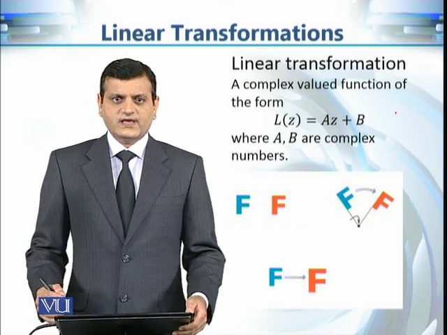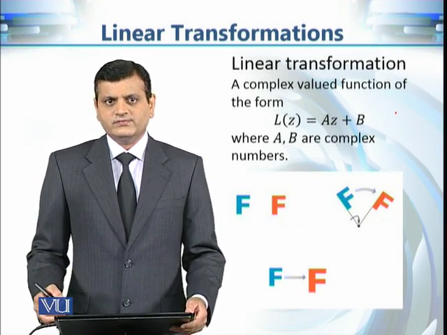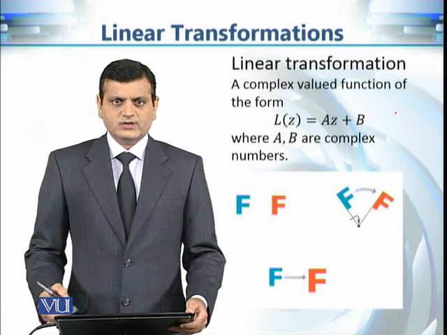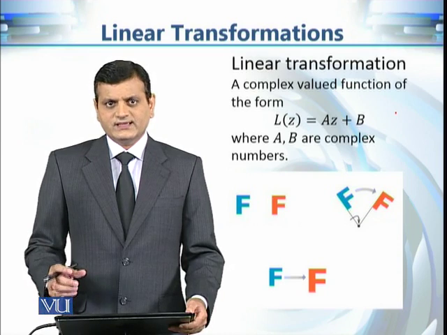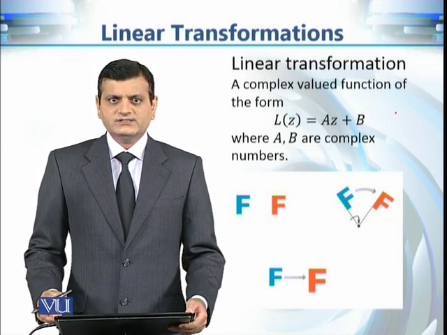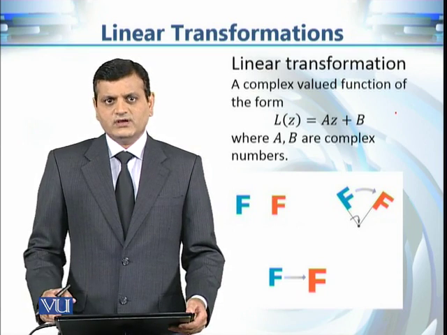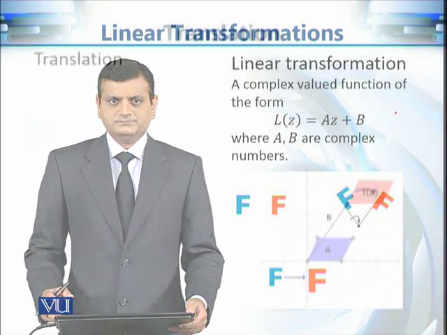If we change the values of a and b, then we will be getting some particular examples of linear transformation. From here on, we are going to choose some particular values of a and b and see their geometrical interpretation, that is, what the mappings associated to them are.